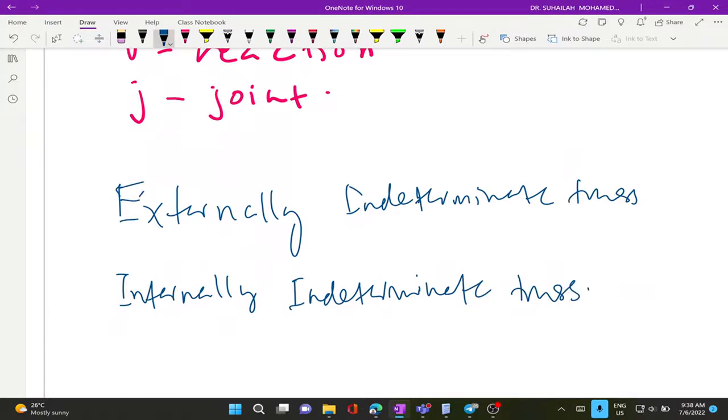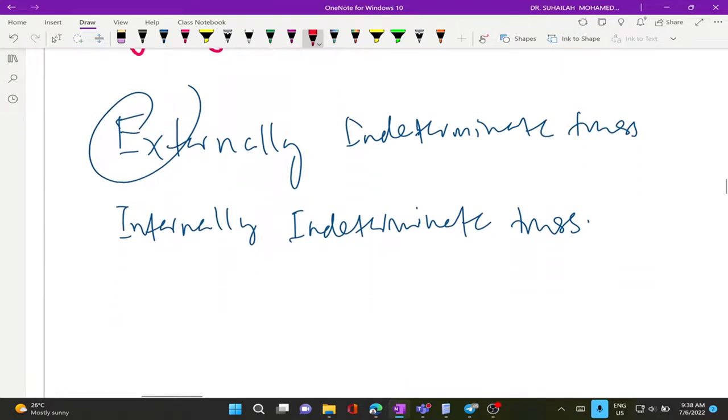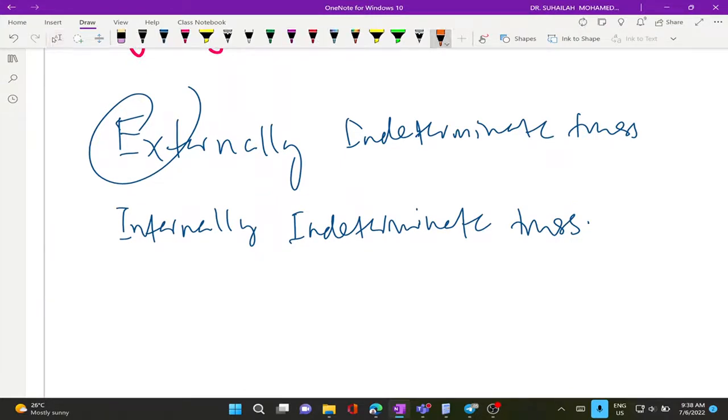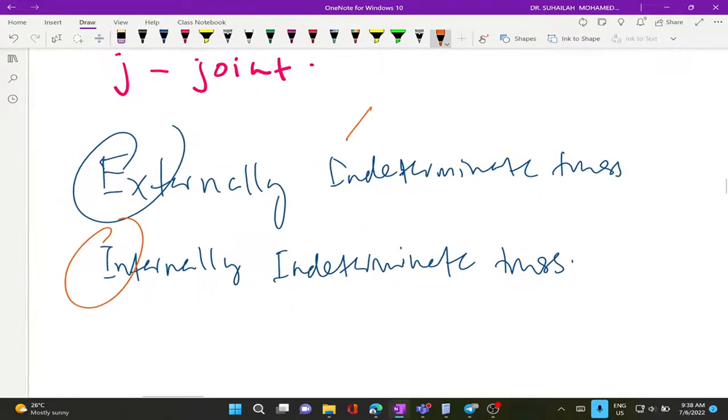In what condition do we call the truss externally indeterminate, and in what condition internally indeterminate? Externally indeterminate means that the redundant comes from the support.